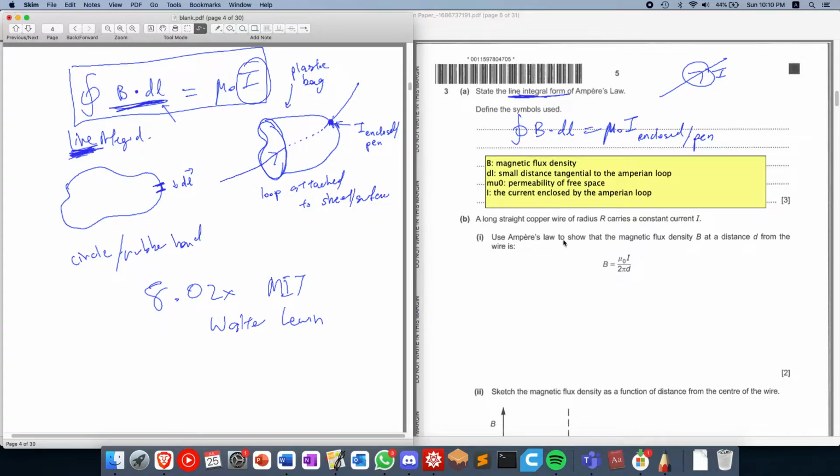So for example, later when we're talking about the straight copper wire carrying current I, we'll see that if the choice of the Amperean loop is a circle around the wire, then it's very useful. Whereas if it's some weird shape, perhaps like that, then it's not useful. And this looks like a duck.